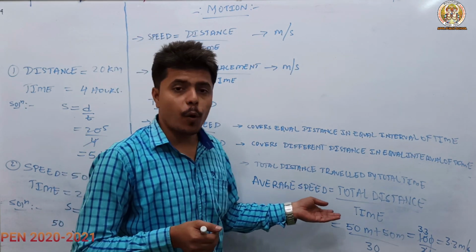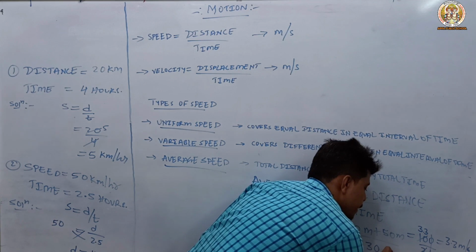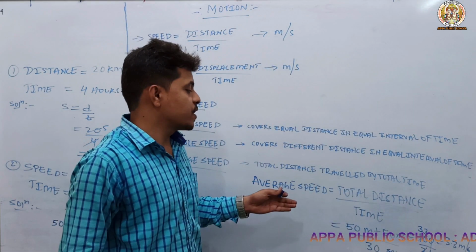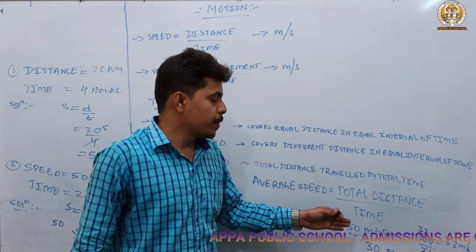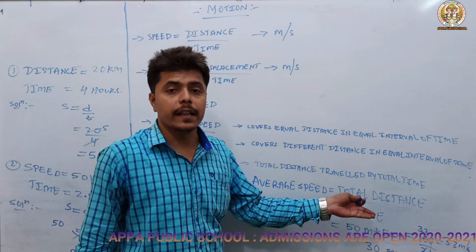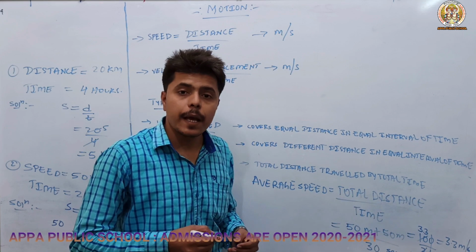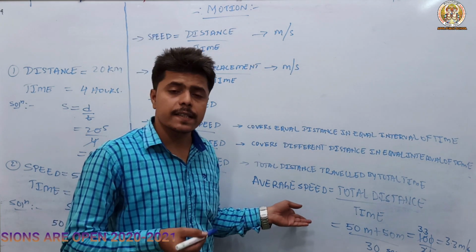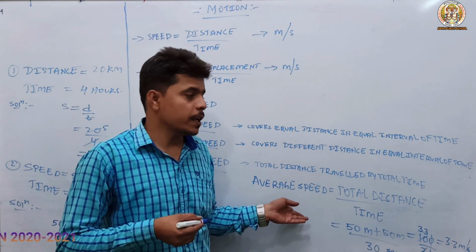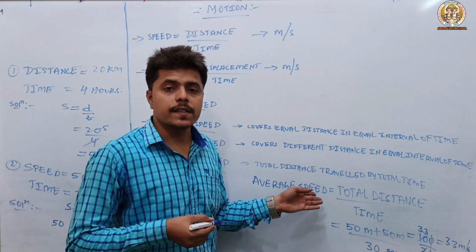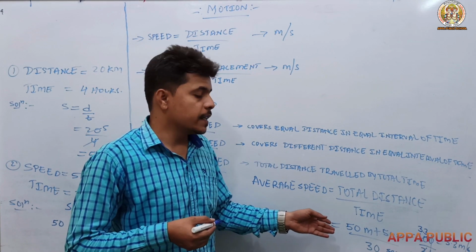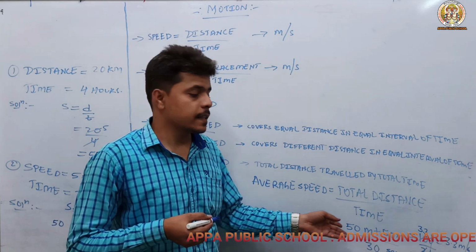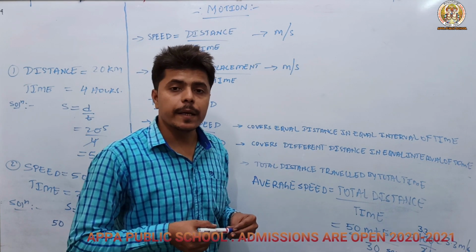Okay, so this is one small example for average speed, that is total distance traveled by total time taken, 50 meter plus 50 meter divided by 30, and after dividing we get 3.3 meter per second. Okay, so average speed is equal to total distance traveled by total time taken, and these are the two distances divided by the time taken, 30 seconds, and the final answer we get is 3.3 meter per second.